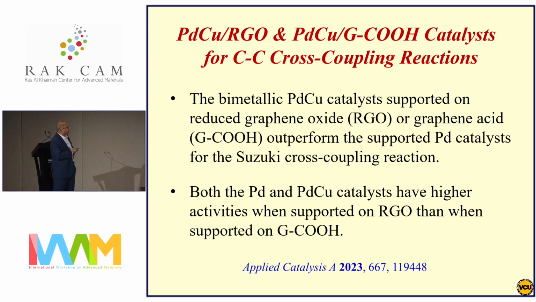In both cases, the bimetallic is more active. And both the palladium and the palladium-copper catalysts have higher activities when supported on graphene oxide than on graphene acid. Although the difference, again, is not significantly large, there is always a trend that graphene oxide provides a better support than graphene acid in this case.